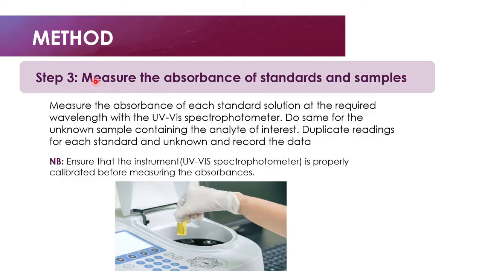So the next thing to do, which is step 3, is to measure the absorbance of standards and samples. We measure the absorbance of each standard solution at the required wavelength with the UV-Vis spectrophotometer, and we do the same for the unknown sample containing the analyte of interest. What we also have to note is that we have to duplicate readings for each standard and unknown and record the data.